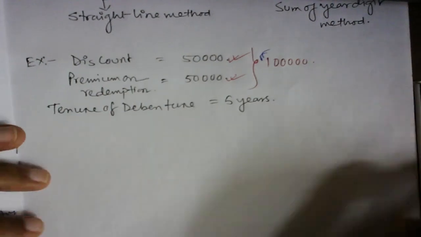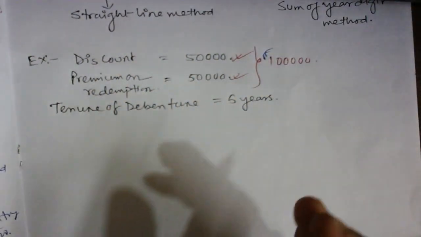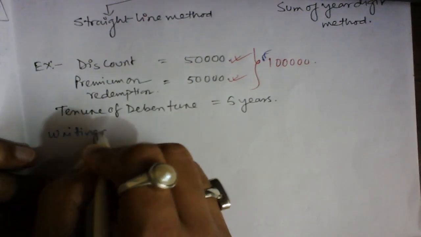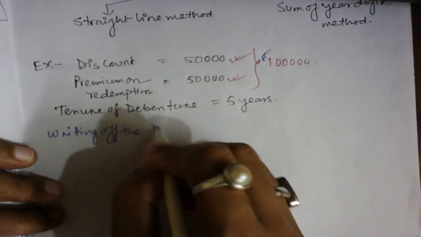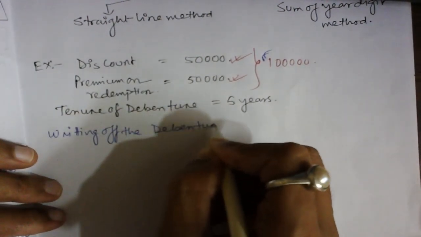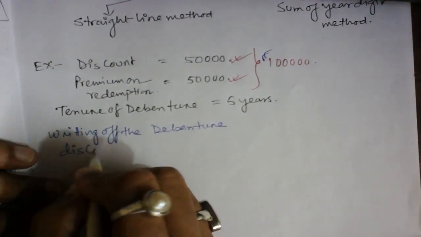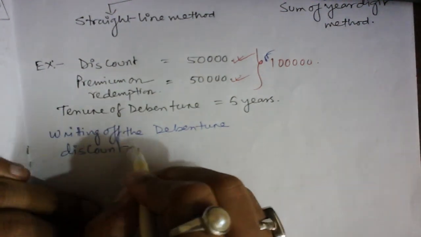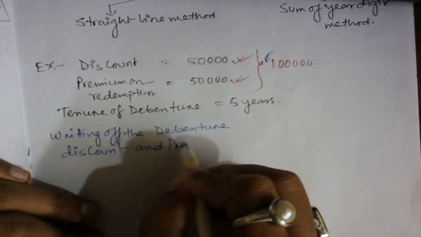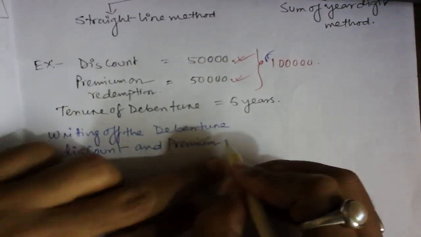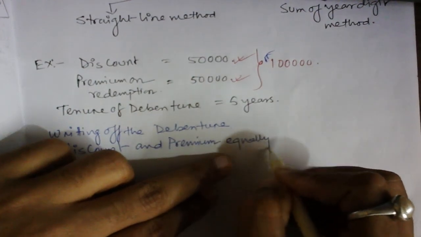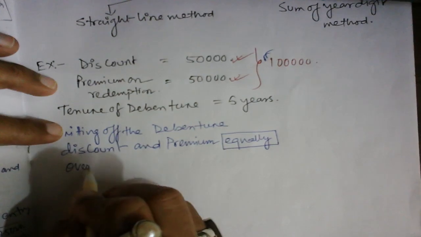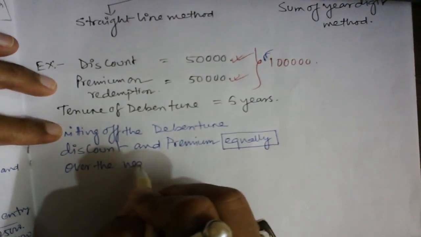So how could I do this particular writing off of the debenture discount? Writing off the debenture discount and premium equally. Guys, please mark my word, equally over the next 5 years.